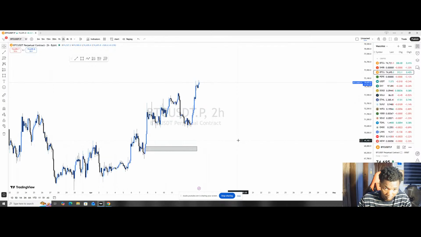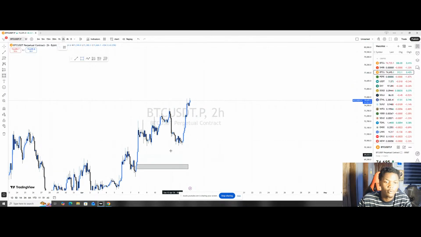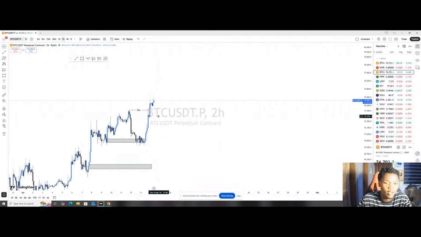Looking at BTC, it reacted from this point here and caused a break of structure here. Now we have our break here. So market has formed another break of structure. We have a break of structure here also.